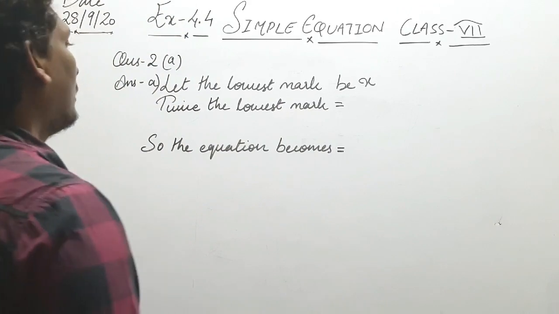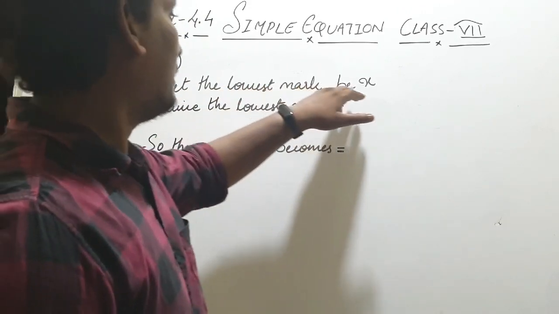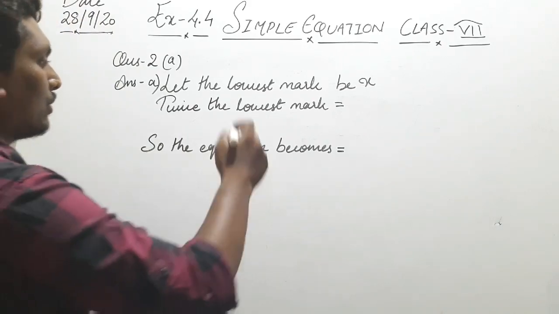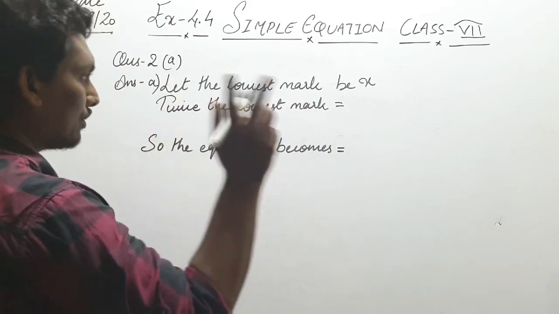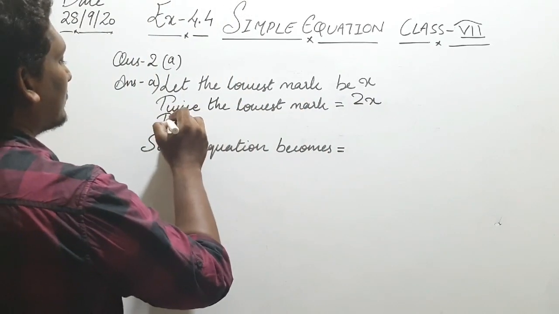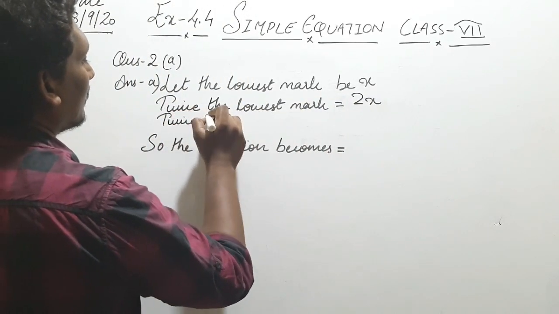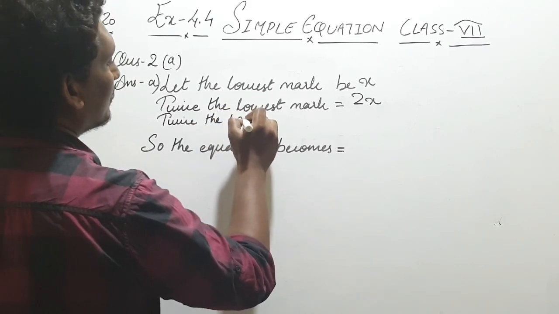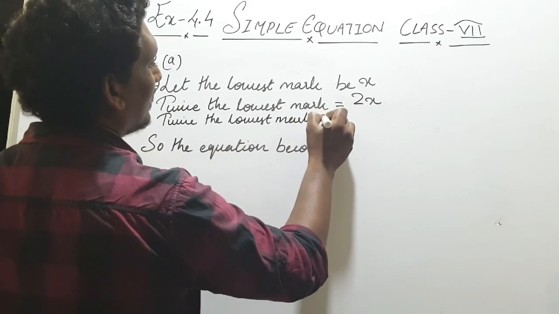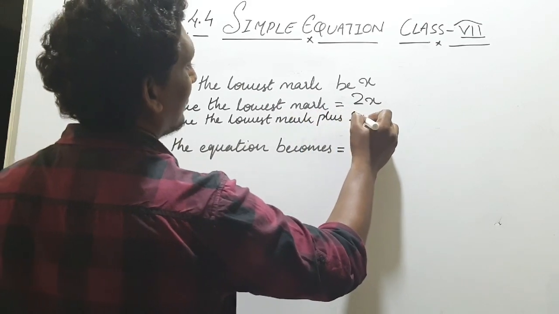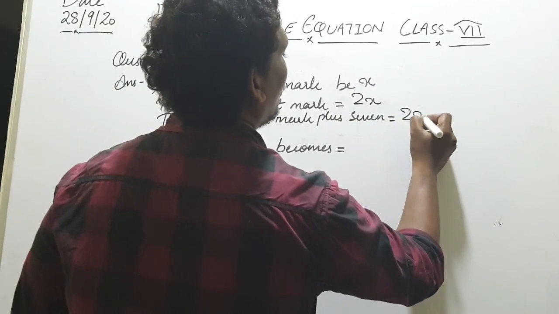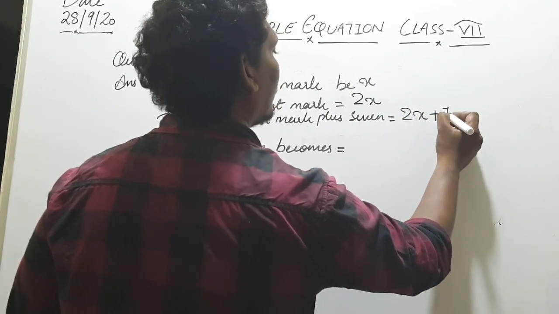So let the lowest mark be x, that I have written already here. So twice the lowest mark, twice means 2 here, that is 2x. So twice the lowest mark plus 7, what does it give? 2x plus 7.